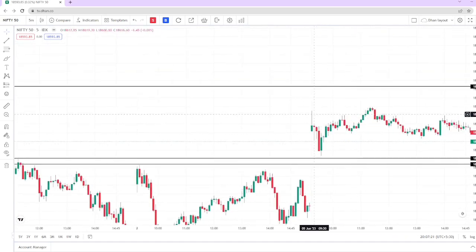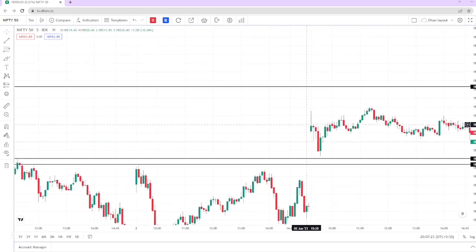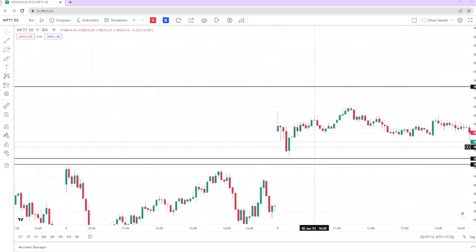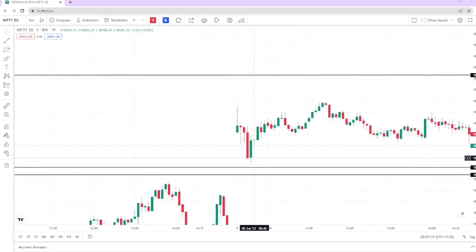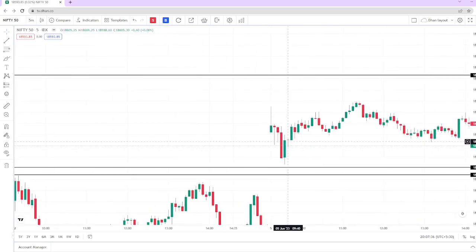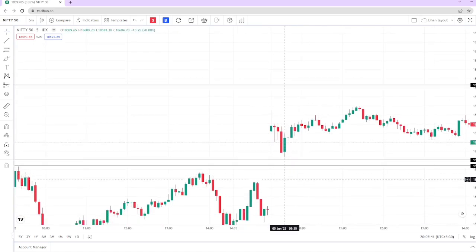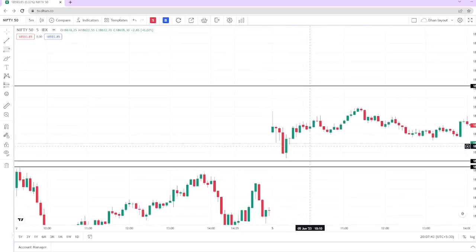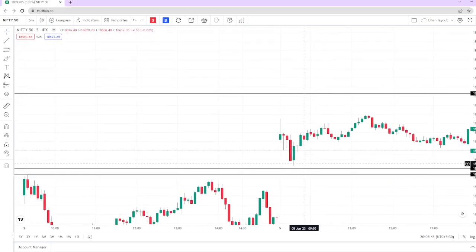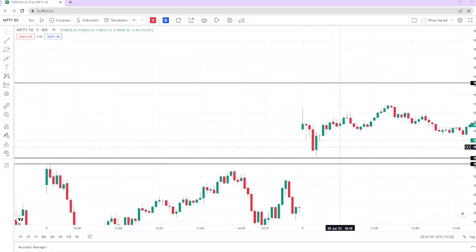So traders, after this first 5 minutes candle, the price went down, continuing with the aggressive selling that was seen in the first 5 minutes. At around this support level here, we can see that a green bullish candle formed, closing at around its highs. Whenever we see this type of candlestick forming from a support zone, we can understand that there are buyers present in the market, and this level is taking the market upwards.